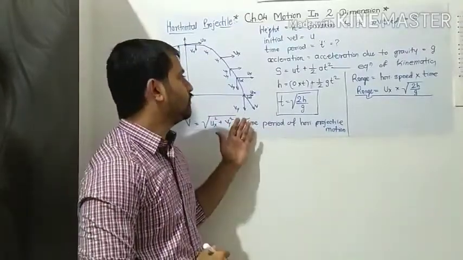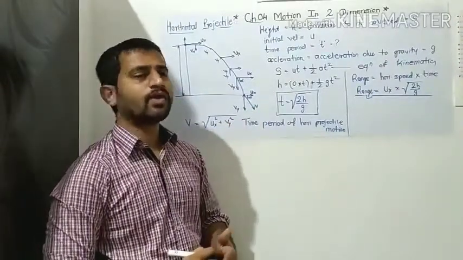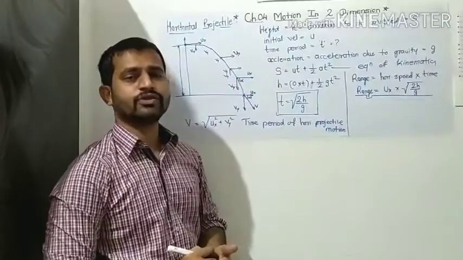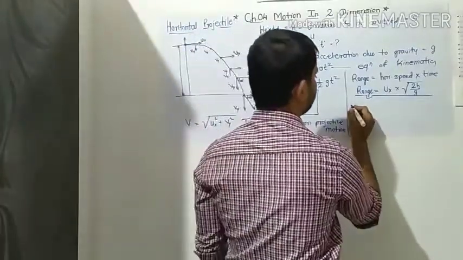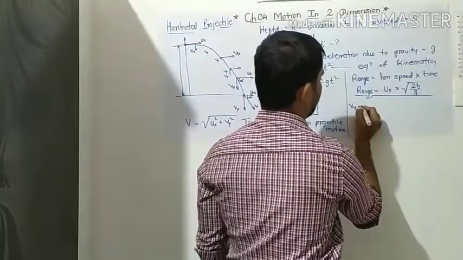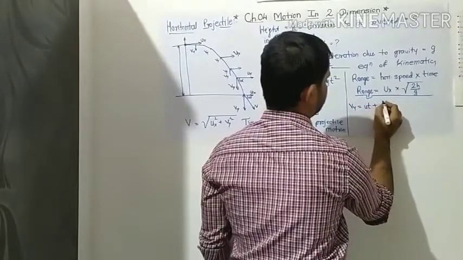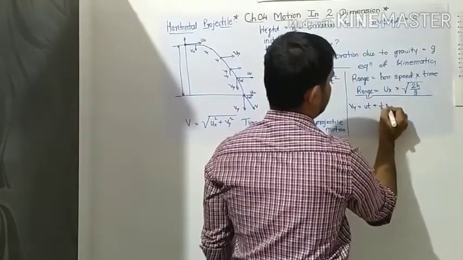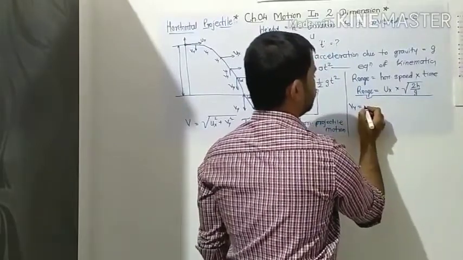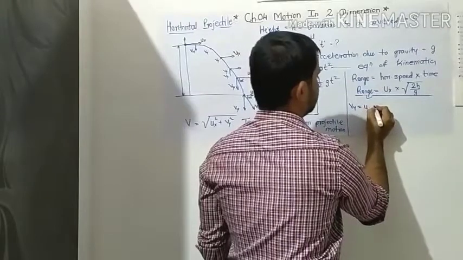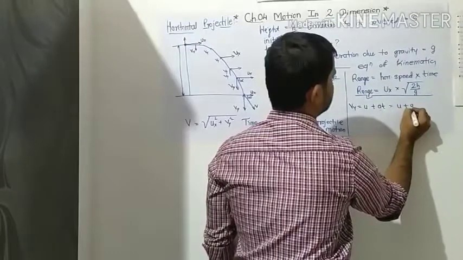And if we have to find the value of the velocity at any instant along this horizontal projectile motion, we find the vertical velocity. We have the velocity v is equal to u plus at, so u plus at is equal to u plus gt.